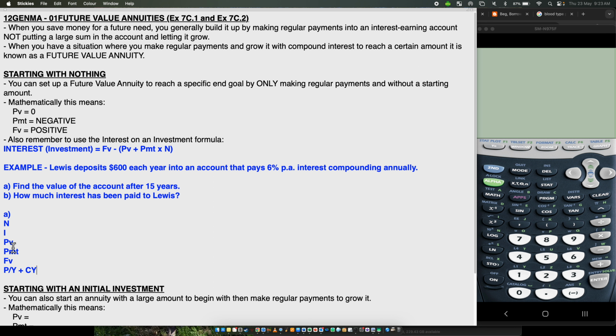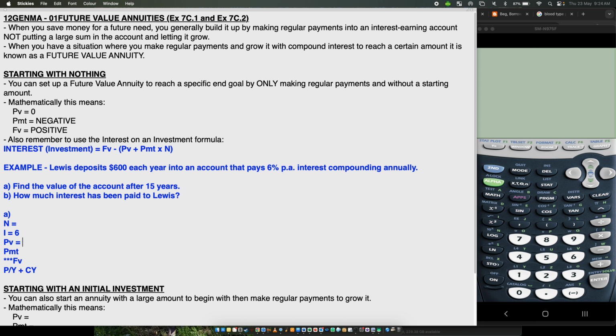No, not the interest rate. FV. So put a star next to FV, or stars. N equals, let's leave that for now. What is the interest rate of the situation for Lewis? 6, and I don't need to convert.